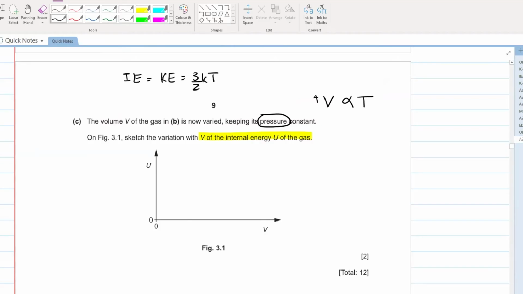If your volume increases, temperature increases. If your temperature increases, your internal energy increases. If your temperature decreases, your volume decreases, your internal energy decreases. This is a direct relationship. So you will draw a line like this. Is everything clear top to bottom in this question? Yes.